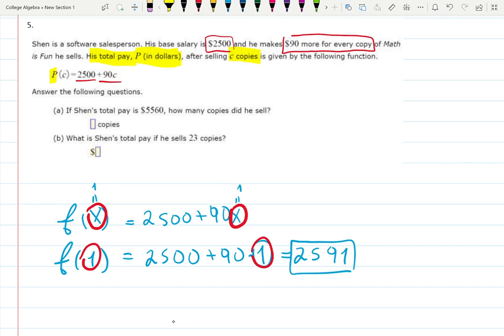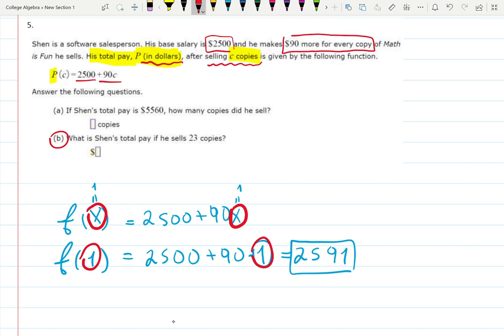And then first let's go to part B, because B is, to be honest, easier. What is this person's total pay if he sells 23 copies? So your job is to figure out which one is given here, C or P of C. C copies is how many copies he actually sells.